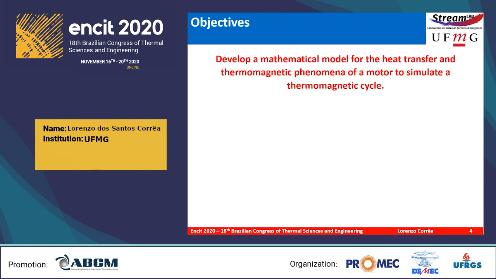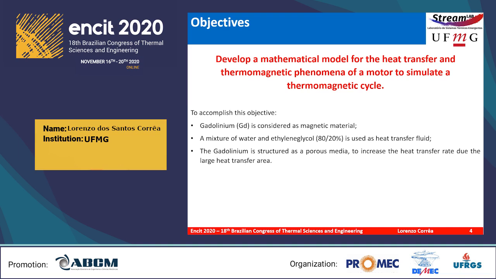So, the main objective of the present research is to develop a mathematical model for the heat transfer and thermomagnetic phenomena of a motor to simulate a thermomagnetic cycle. To accomplish this objective, a few considerations were made. So, gadolinium was chosen as the magnetic material.